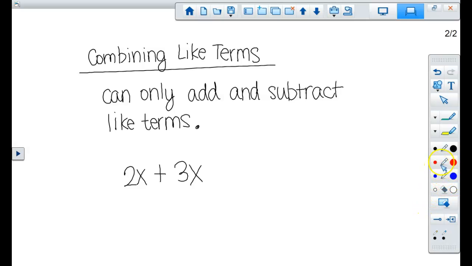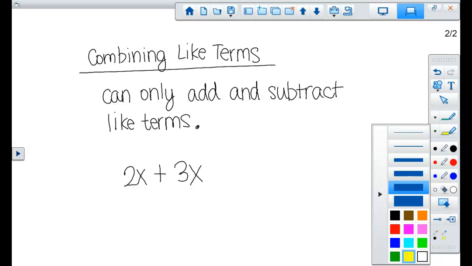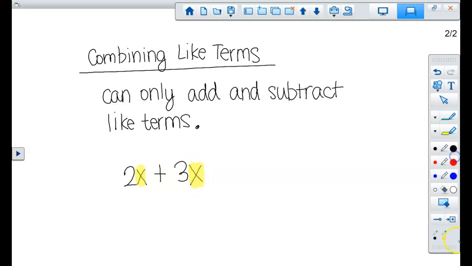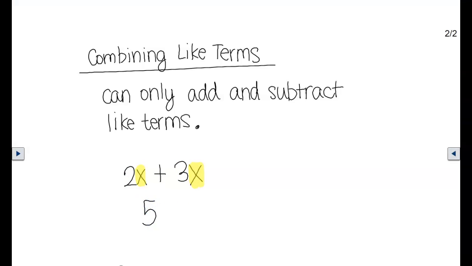The answer is yes, because they have the same last name, x and x. So I can add these together. I can do what this problem says. So to do 2x plus 3x, we add 2 plus 3, which would be 5, and then we keep the same last name, x. So 2x plus 3x would be 5x.